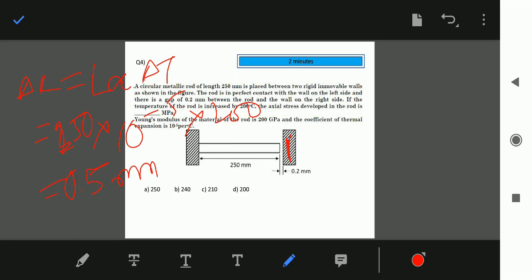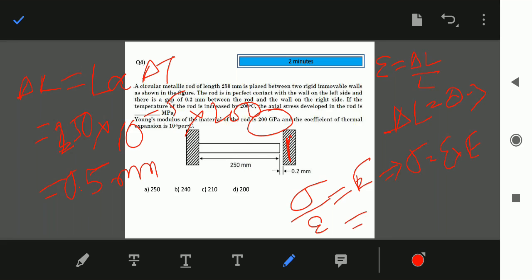So the stress will be for the remaining delta L, that is 0.5 minus 0.2, that is 0.3. As we know that E equals sigma by epsilon, so sigma equals epsilon into E. E is given as 200, and epsilon is delta L upon L. So delta L is 0.3 and L is 250.